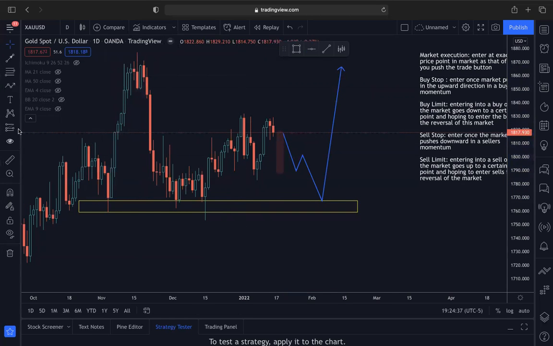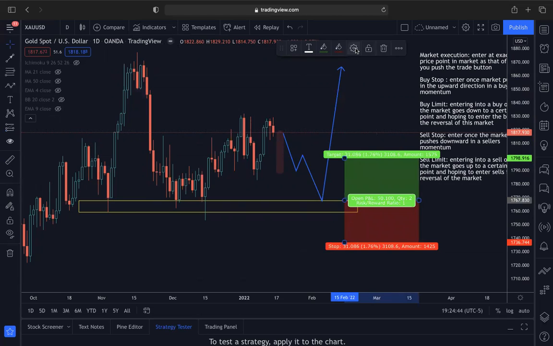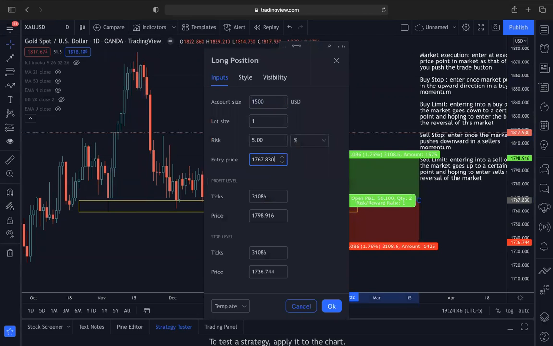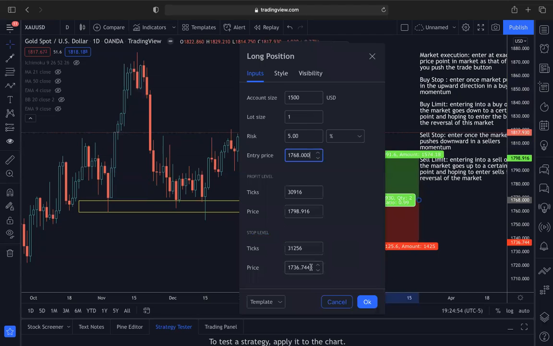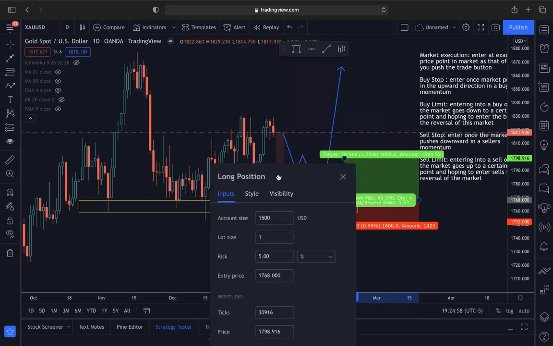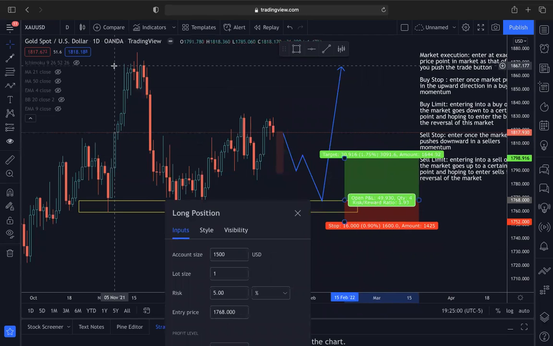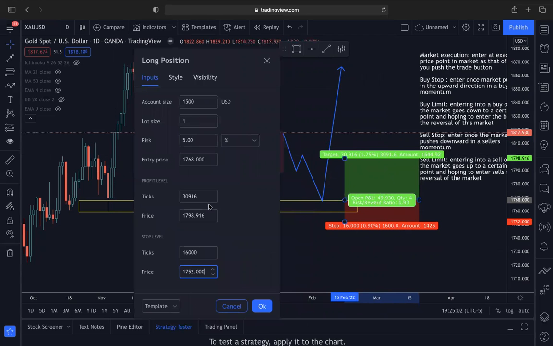Well, we can set a buy limit when we hit that area of interest. Say 1768. Use the low of this wick as the stop loss, 1752. And then our last tested area at 1867 as take profit.